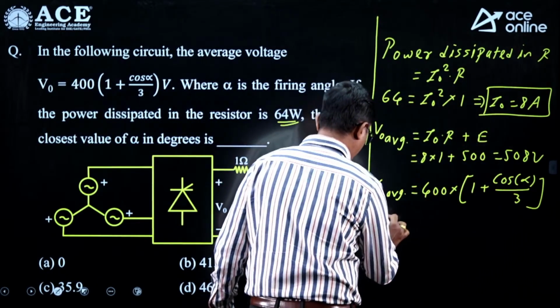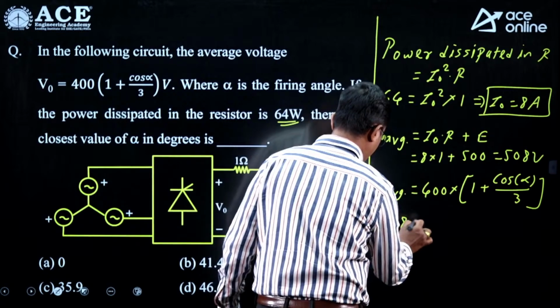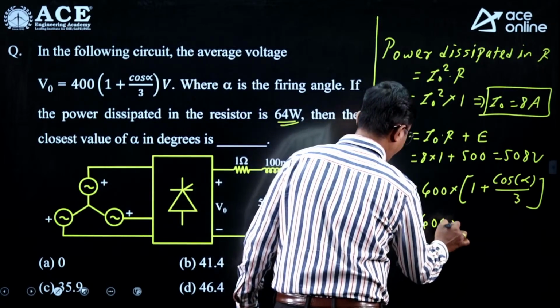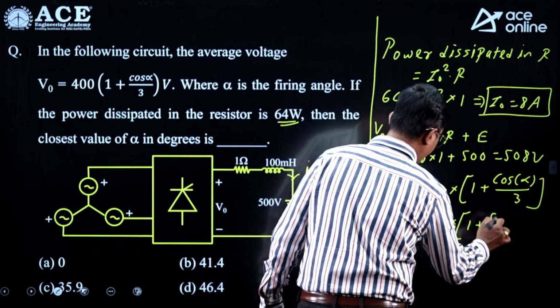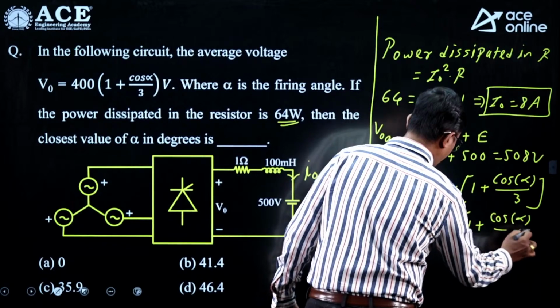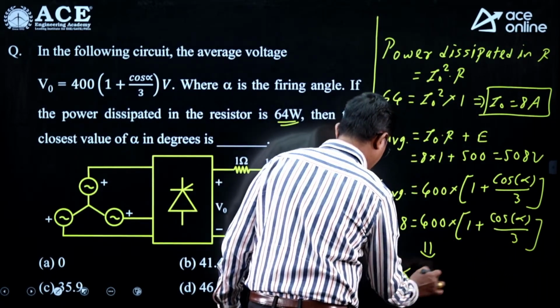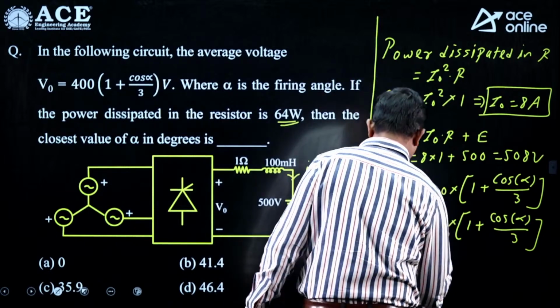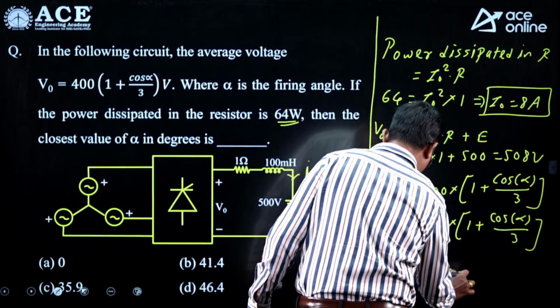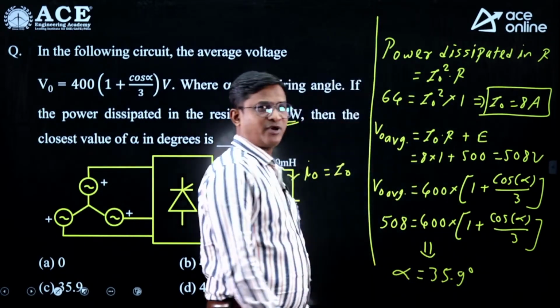So 508 is equal to 400 into (1 plus cos alpha) by 3. Simplify this, you will get the value of alpha. Yes, it is equal to 35.9 degree, right? 35.9 degree.